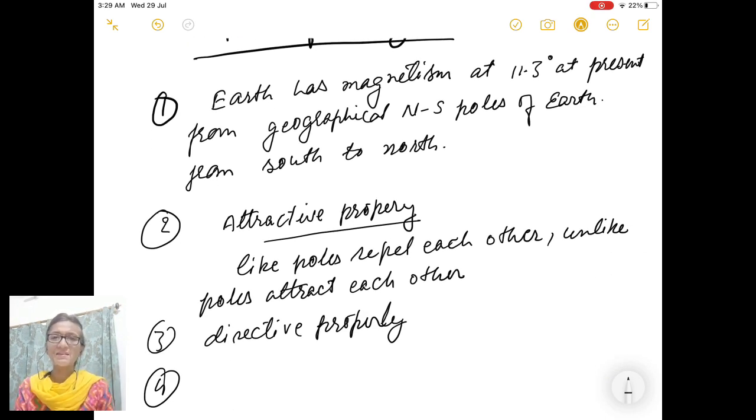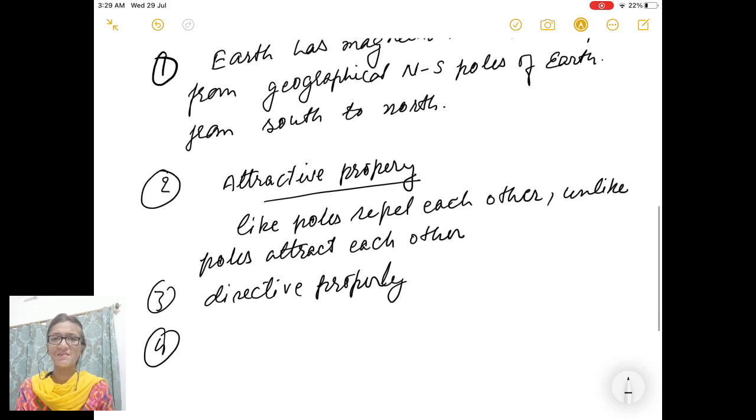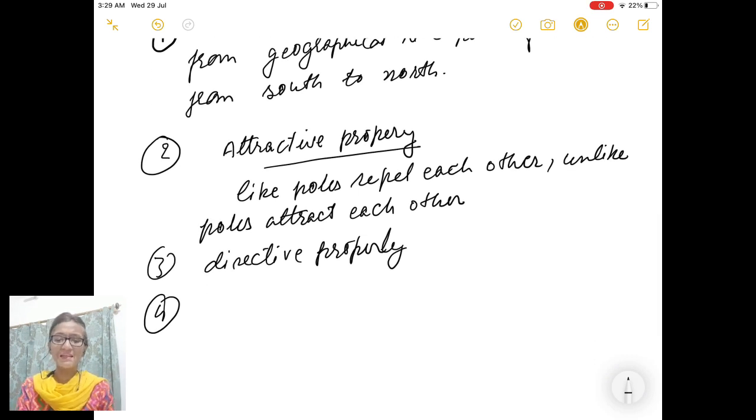A magnet has an attractive property. Like poles repel each other and unlike poles attract each other. Then there is the directive property of a magnet: a magnet is always directed in the north-south direction.